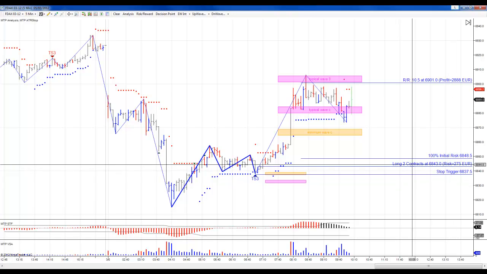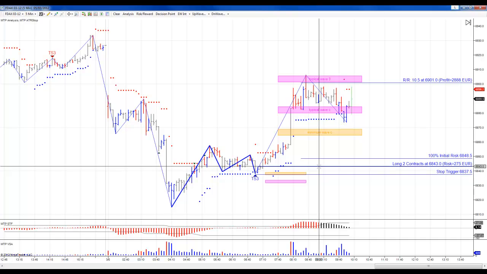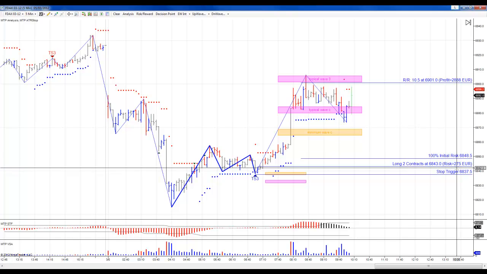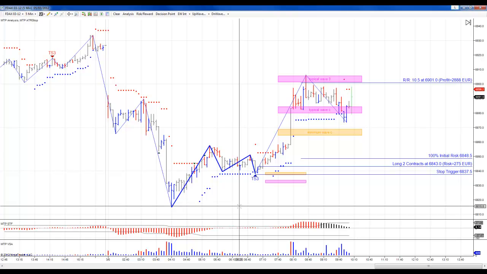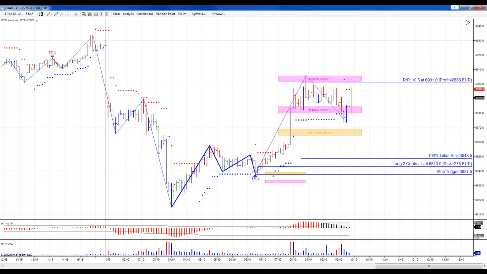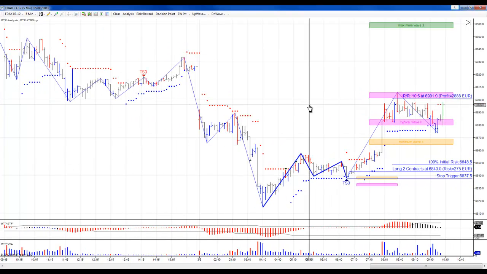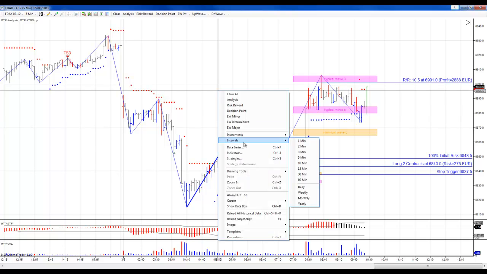Remember, we use correct position sizing in MTPredictor, so for this initial risk we were allowed to take two contracts to keep the initial risk under 2% of our sample 20,000 euro account, and as you can see that meant risking 275 euros. But the point being is, because this is a wave 2, we're anticipating a strong wave 3, and that allowed us to not come out of our first target but look to come up to our second target. And please remember, these were actually on the chart before the market got there.